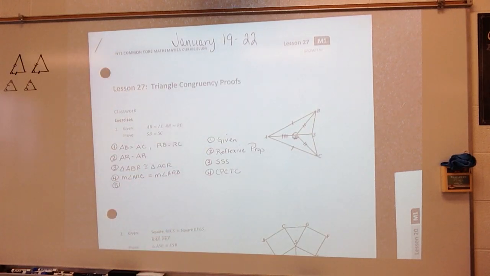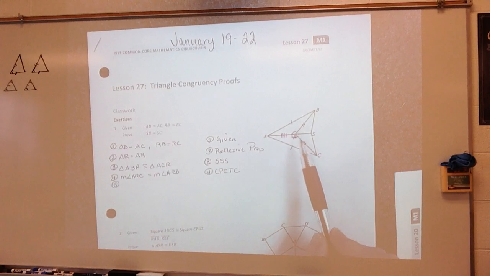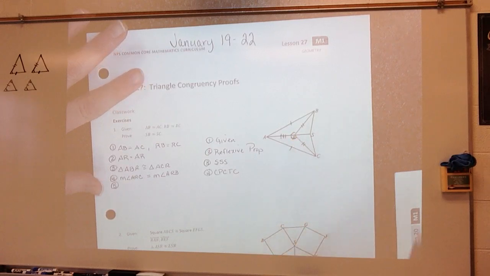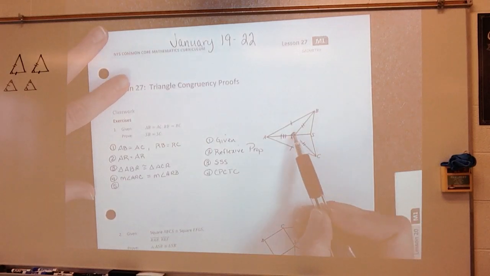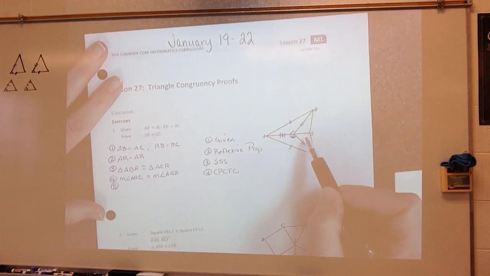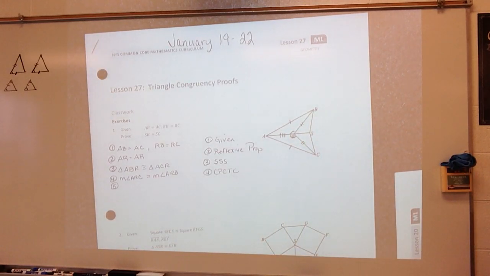So with that being said, let's think about this for a second. The reason I did this is because of what I know about this angle and this angle. If I look at that, they form a linear pair, which means that if this angle is equal to this angle, then these 2 have to be equal. So I'm moving one step closer to proving triangles congruent.